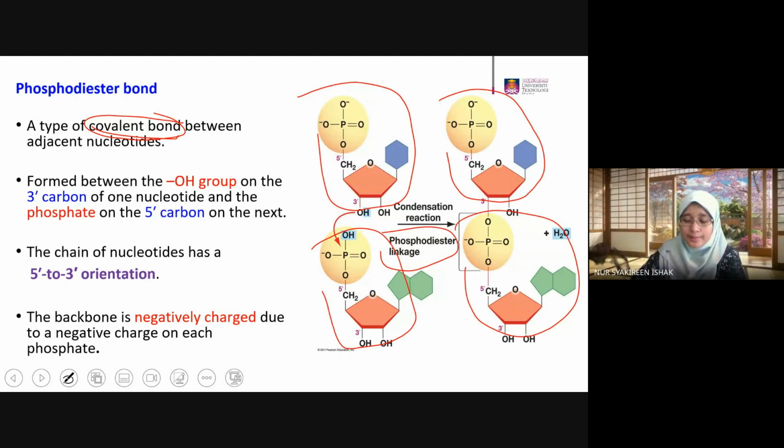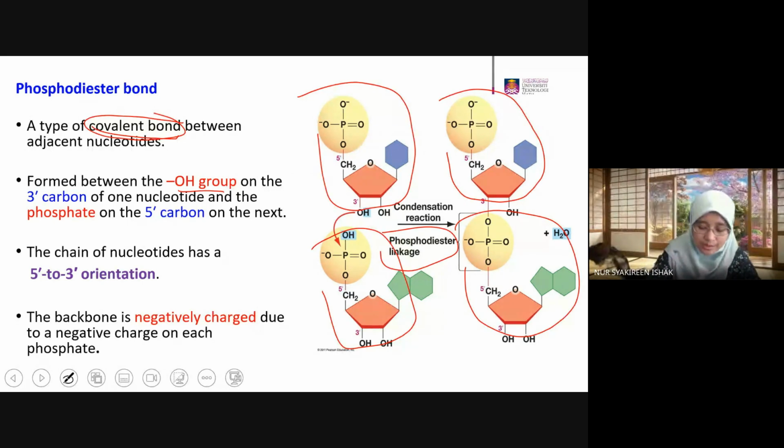So a phosphodiester bond is a type of covalent bond between adjacent nucleotides, formed between the OH group on the 3' carbon of one nucleotide and the phosphate on the 5' carbon of the next nucleotide.